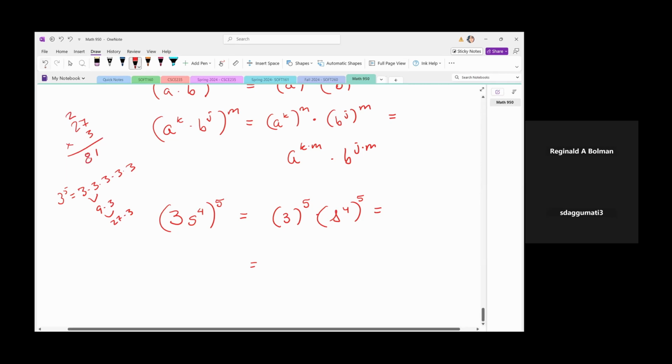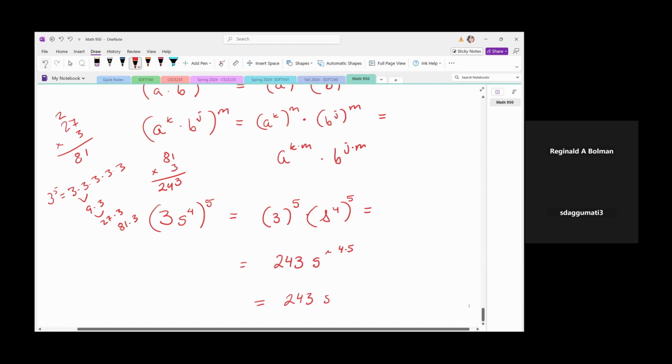So you have 81. And 81 times 3 is going to be 3 times 1 is 3, 3 times 8 is 24. So you have 243 s raised to the 4 times 5, which gives you s to the 20th.